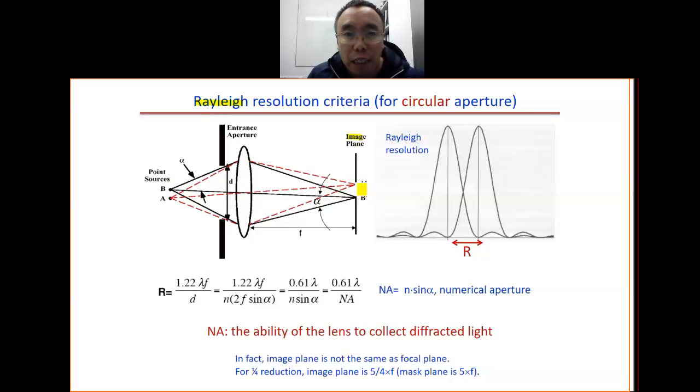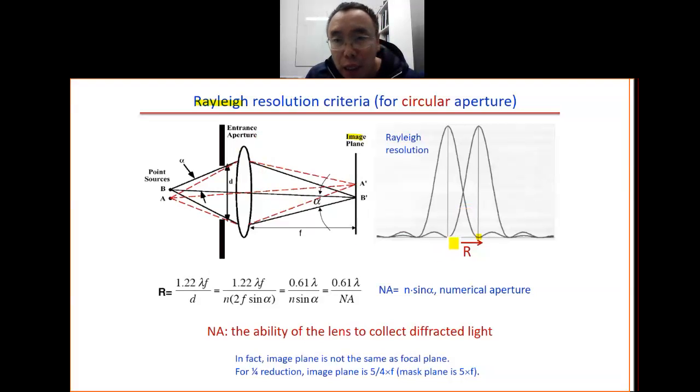We know that for A prime it is this curve, and for B prime it is this curve. Rayleigh said that when the first minimum of A prime overlaps with the maximum of B prime, the images can be just resolved. Obviously, this is only the property of the lens.